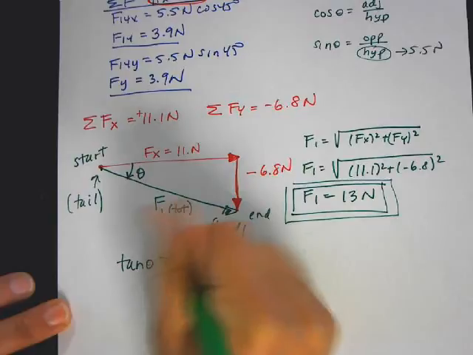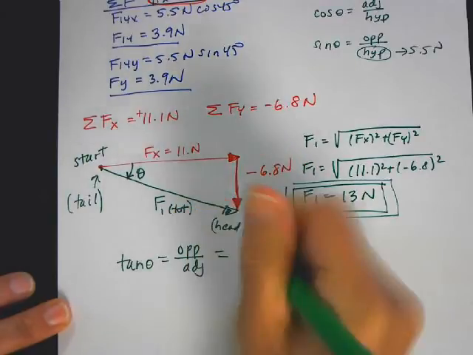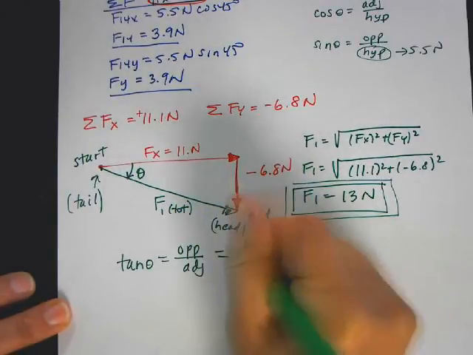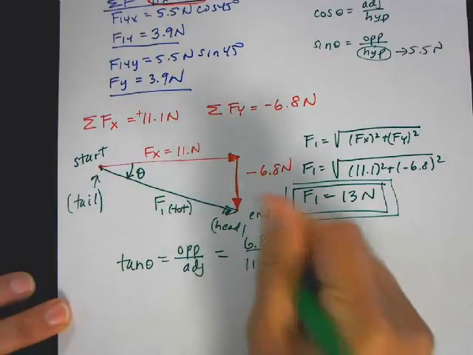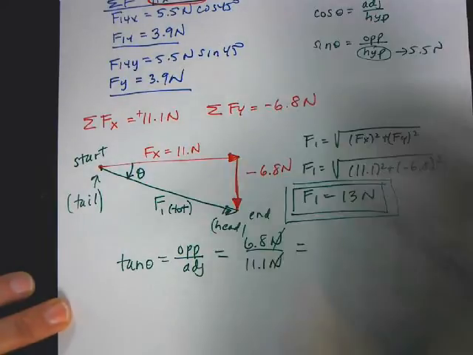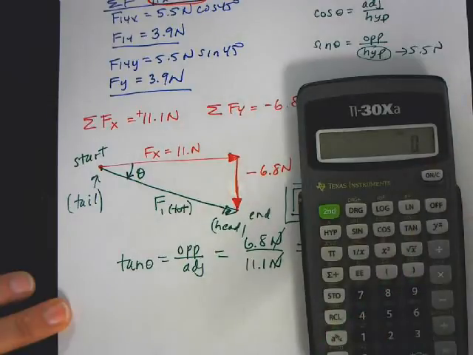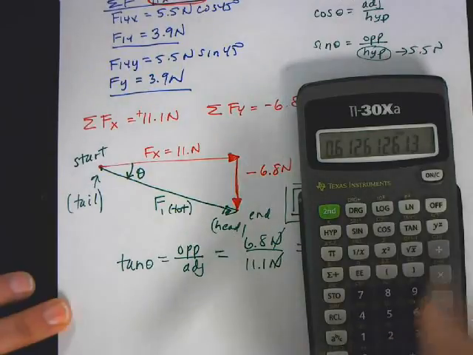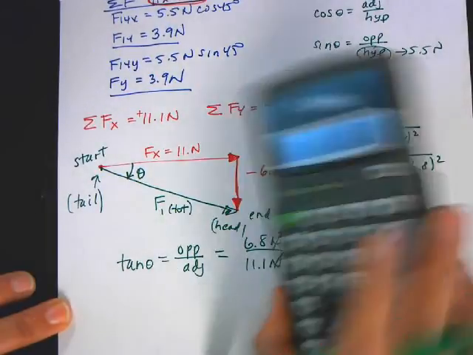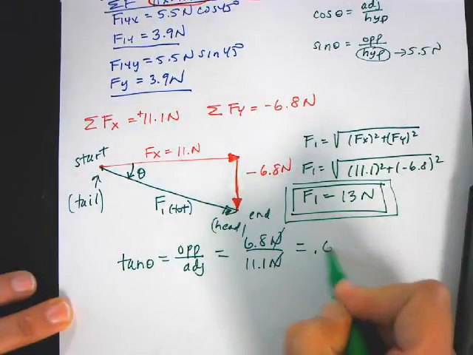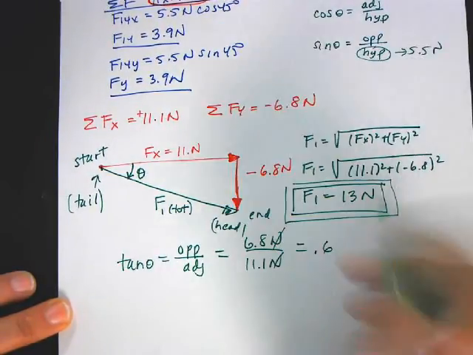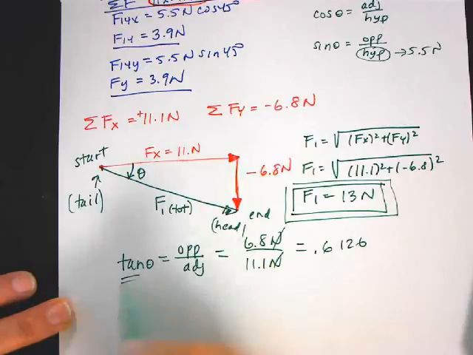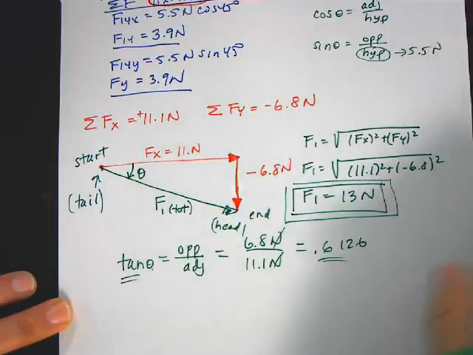So now on my calculator, I say 6.8 divided by 11.1 equals, but that's the tan of the angle, because that comes out to be 0.6126. But I don't want the tan of the angle, I just want the angle. So now on my calculator, I'm going to press second tan, and that's going to be the angle. So the theta is going to be 32 degrees. And what's my final answer going to be? Well, my final answer is going to be F1 total is equal to 13 newtons.